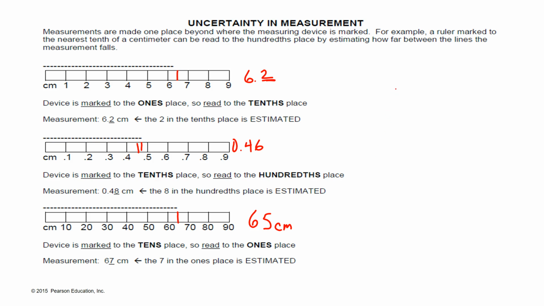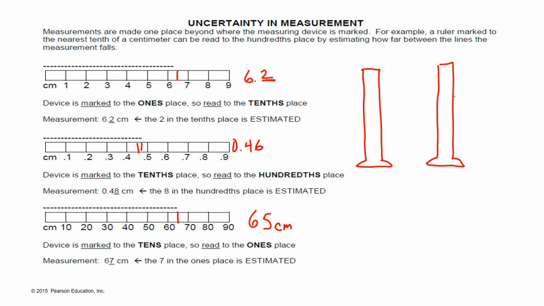Here's the thing. In this class, most of the time where this is going to come into play is when we're using graduated cylinders. So there's going to be different graduated cylinders that we use in this class. All right.